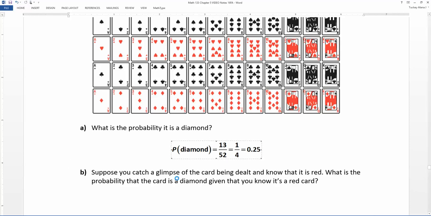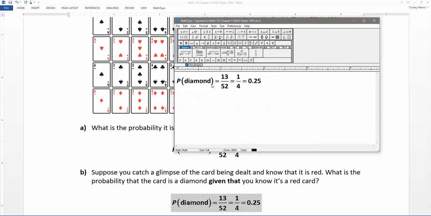Okay, well, that's a conditional probability because of the given that part, right? The fact that you know that it's a red card. Okay, so we want the probability of diamond given that. So to symbolically show given that, we use a vertical line. So given that the card is red. Okay, so now we have to think about how many cards are both diamonds and red.